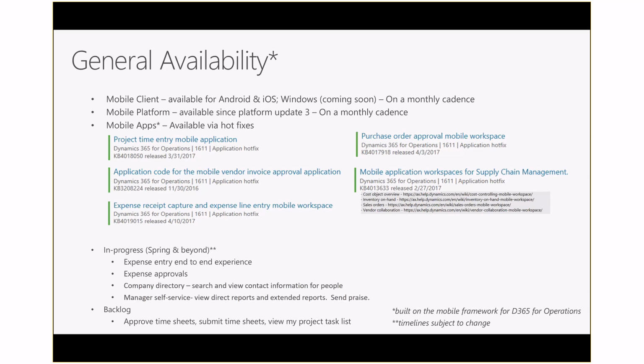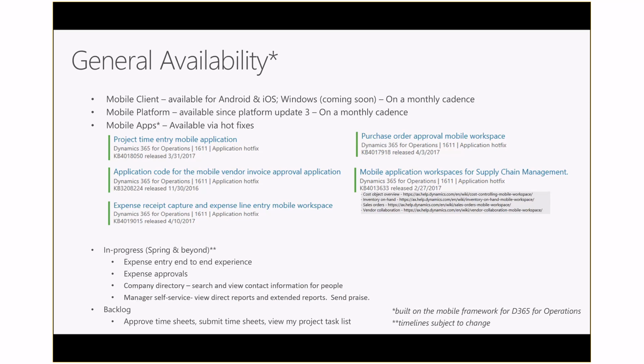Now, in terms of what is being worked on and what is in progress, these are the list of items that the team is working on right now. So for spring and beyond, we are targeting to also release the expense entry end-to-end experience. And I'll provide a sneak peek into what that end-to-end experience means.